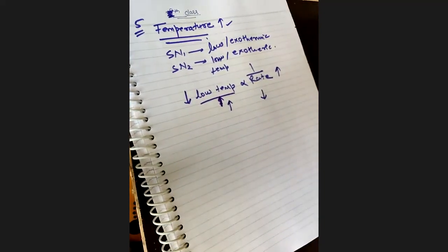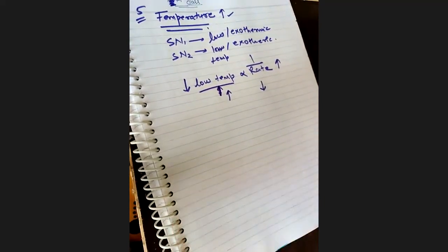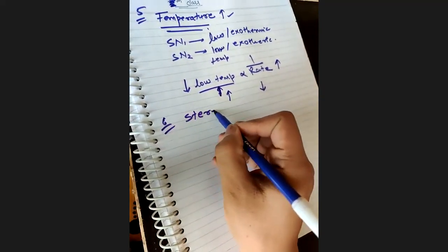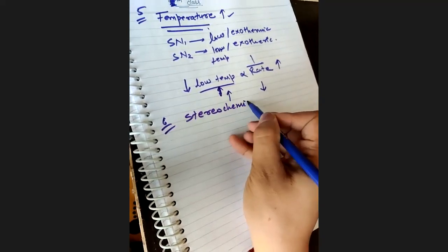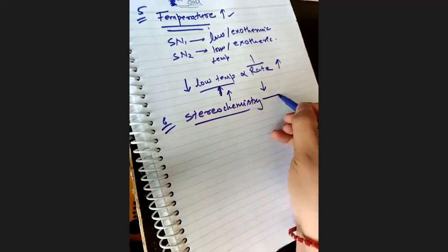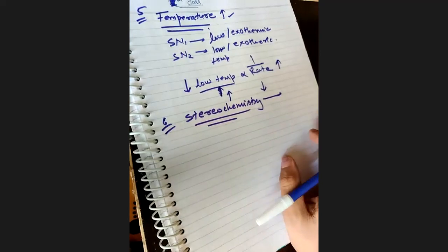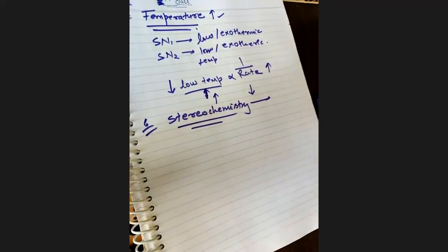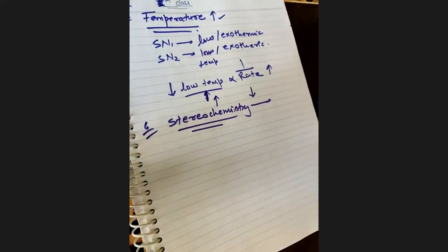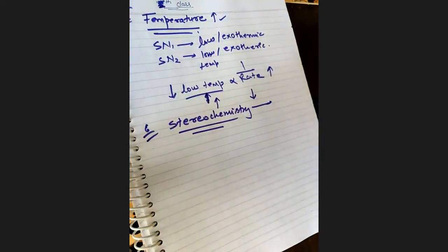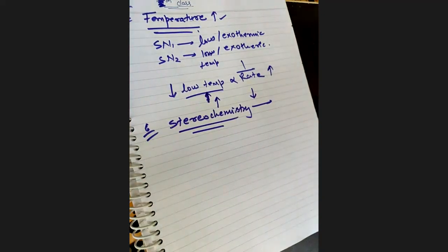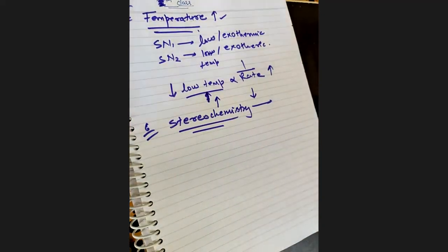Clear? Okay. Let us talk about the next important thing, stereochemistry. Stereochemistry means whether the compound shows inversion, retention, or is racemic.